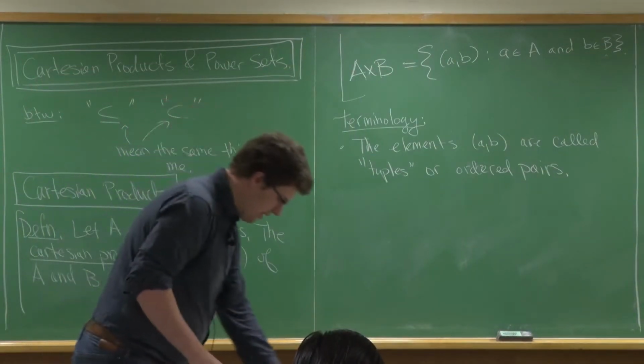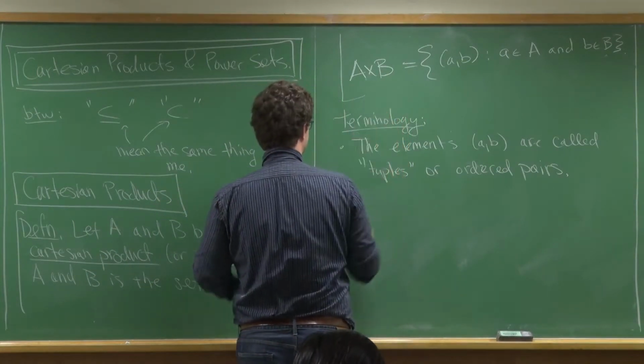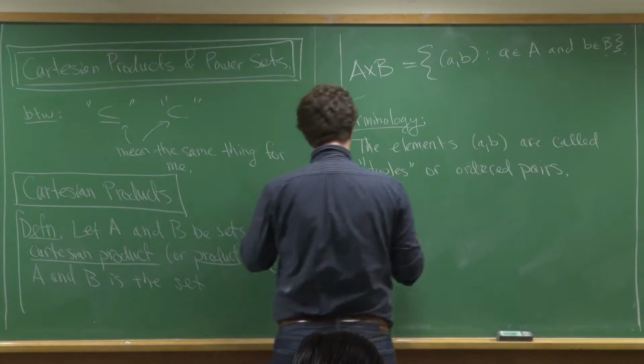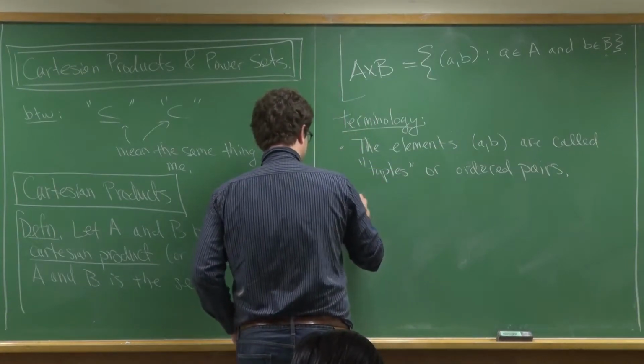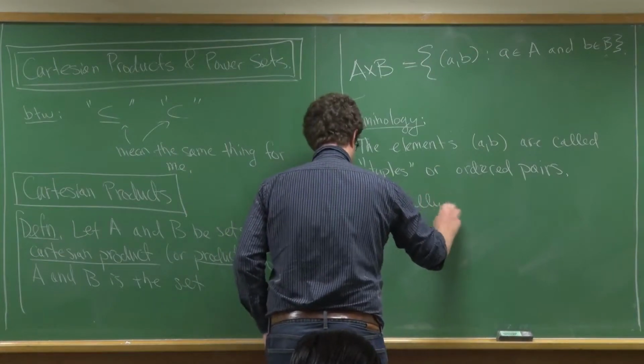Okay. So more generally, we can form higher Cartesian products. We can take the product of more than two sets.